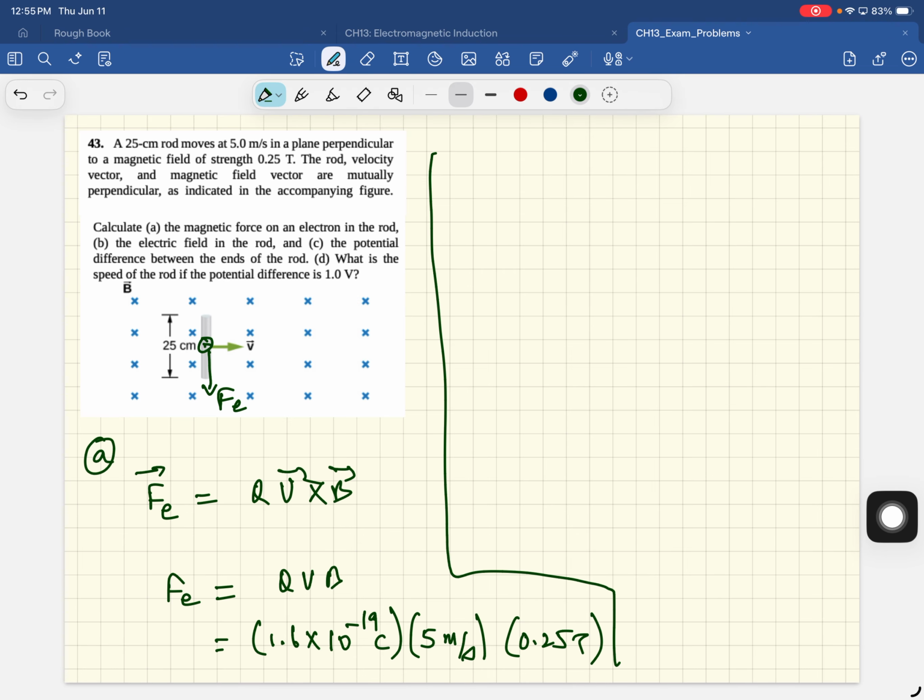So you got to move at about 15 meters per second to get 1 volt, or 16 meters per second.